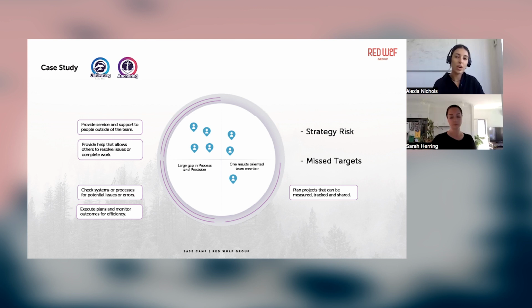It could also lead to a more disengaged team. It could decrease motivation. It could get them to start feeling like they're not having any wins. So it's really important that when we observe any of these key issues, that we act upon them to help decrease any strategy risk and any potential that they might miss their targets.